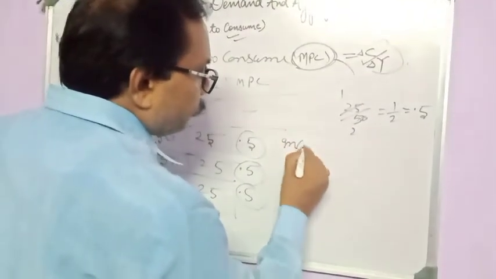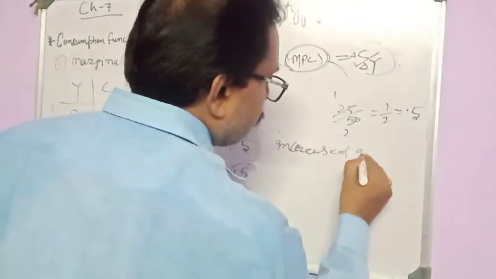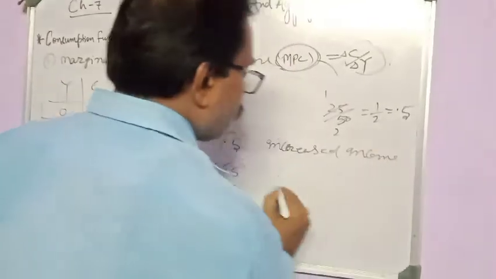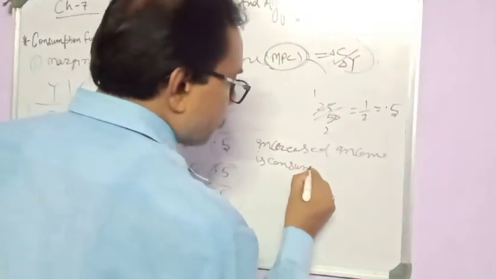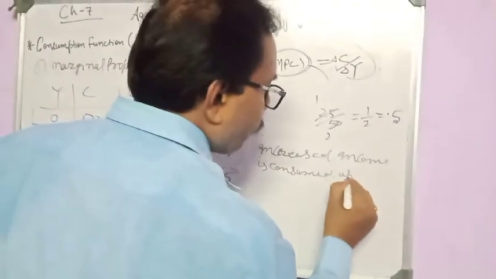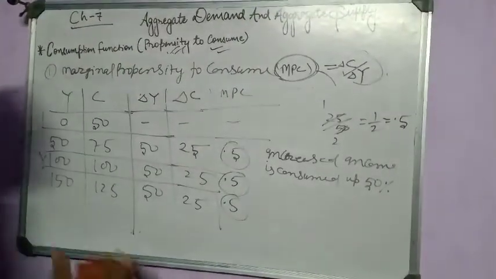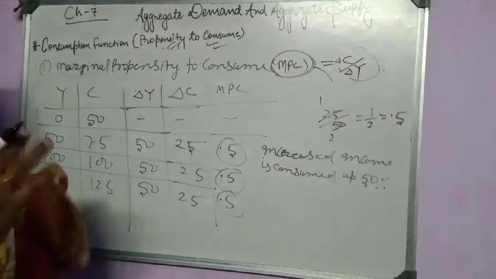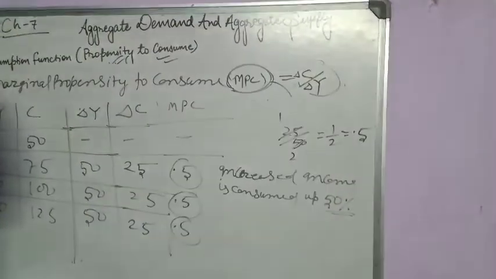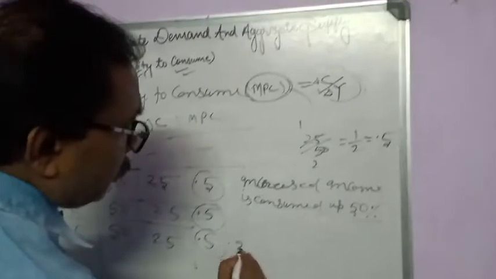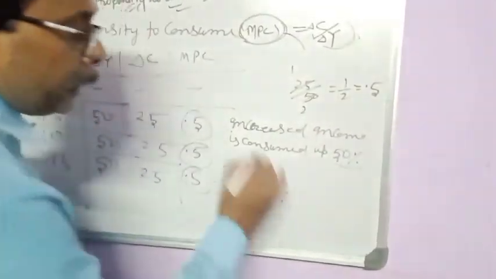It indicates that increased income is consumed up to 50%. Clear? So whatever the income has increased, that increased income is used for consumption, and that will be 50%. Suppose its value comes to 0.25, it means 25% of the increased income is being consumed.